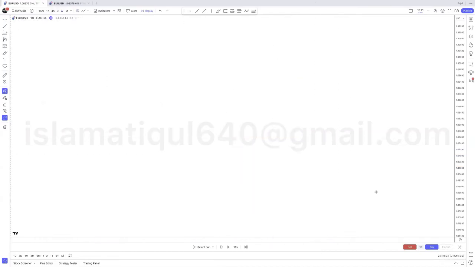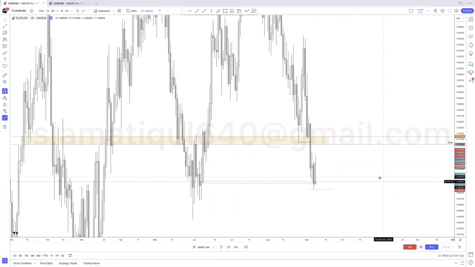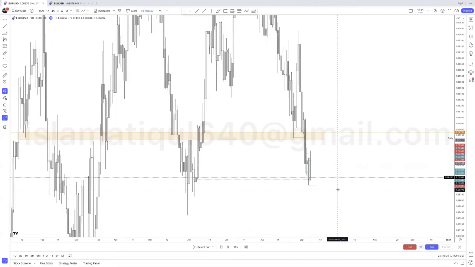Go to the daily. What's daily doing? Daily, of course, is not showing us very clear price action. Yeah, it has a little doji created there.